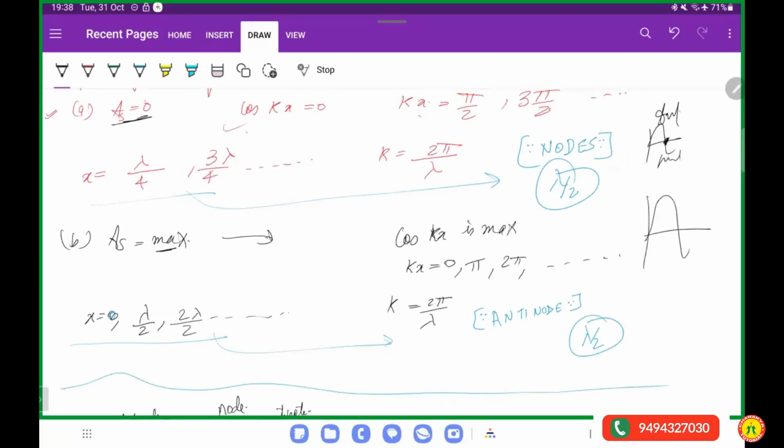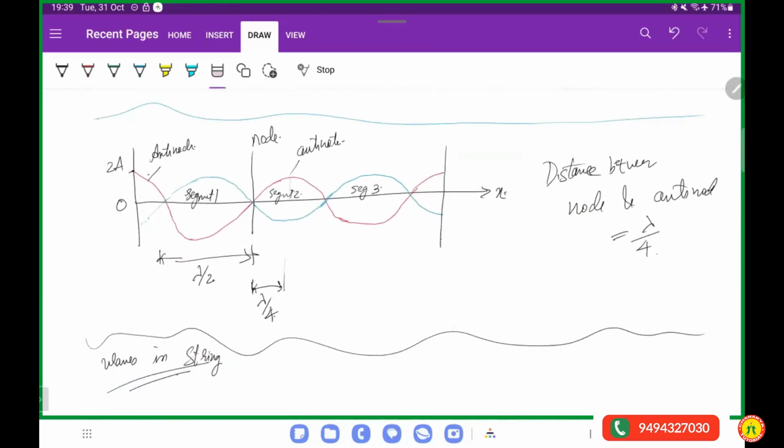Like this. Antinode. So this is your half wavelength. So half wavelength, that is lambda by 4. ठीक है?